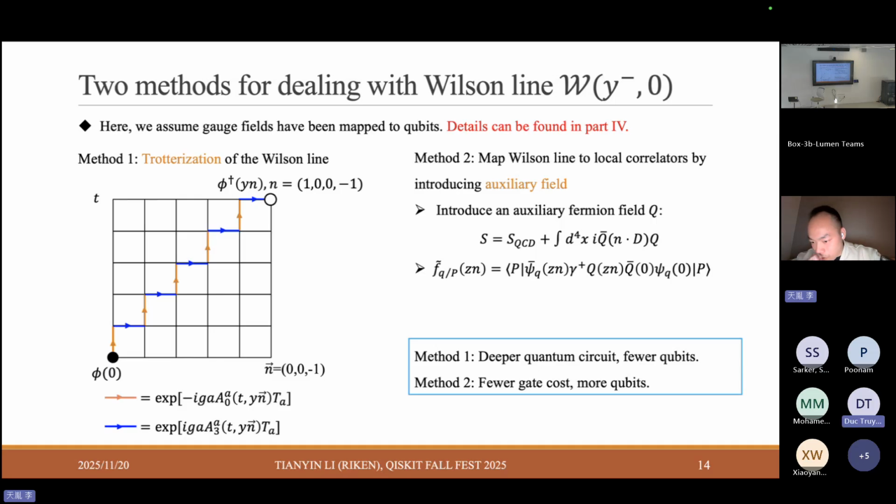I will talk about this in the fourth part of this presentation because it is a very long story. I just skip here. I just assume that the gauge field has been mapped to qubits, and we can deal with the Wilson line like this. Okay. One more question.